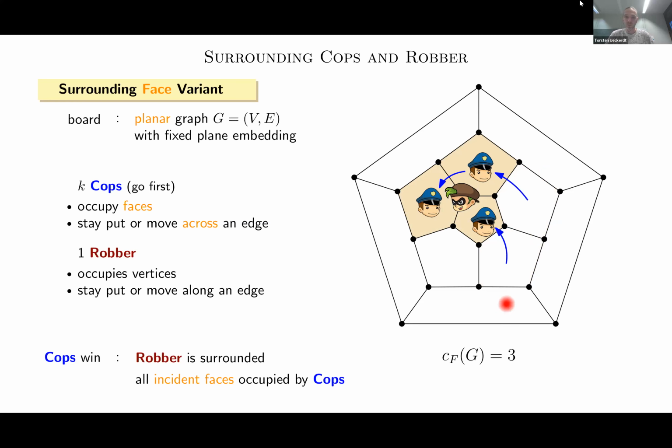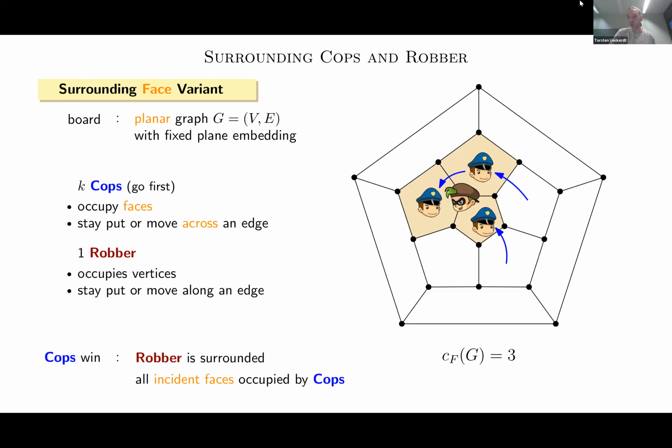Okay. So in particular, in this graph, I claim if you do the corresponding C sub f of G in this particular plane graph, 3 cops are sufficient. You would have to prove this. But on the other hand, 3 cops are also certainly necessary because every vertex here has degree 3, right?